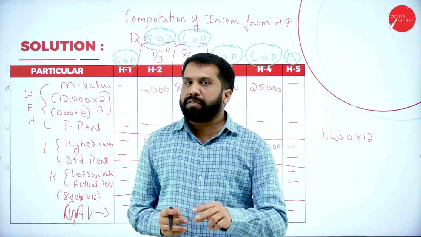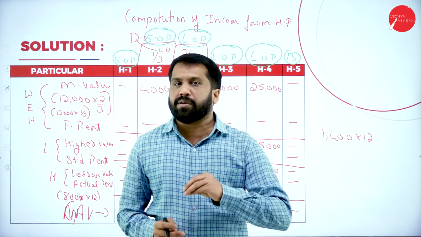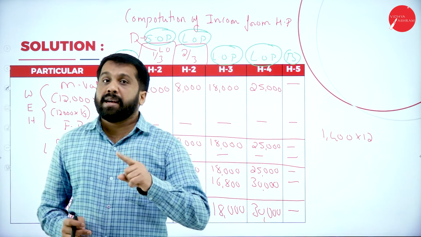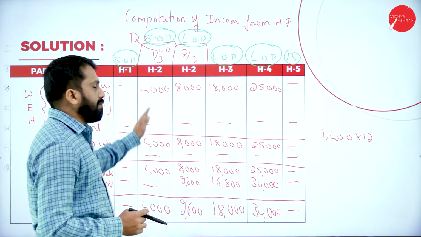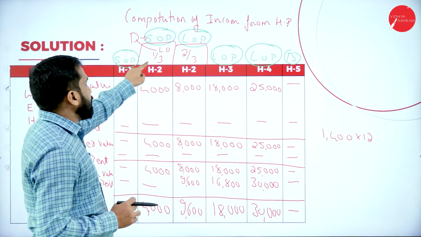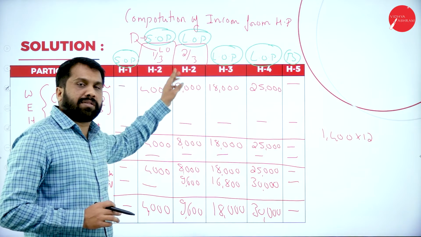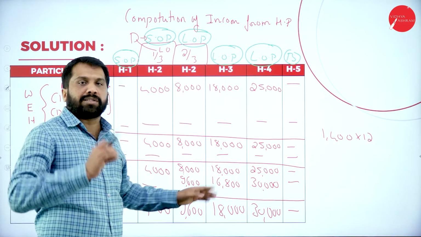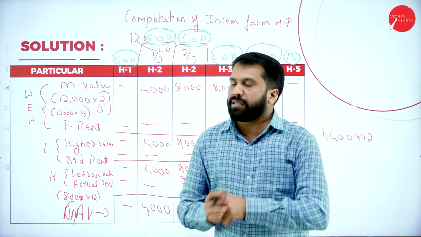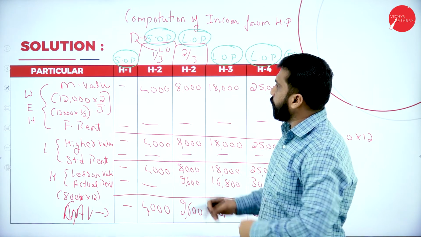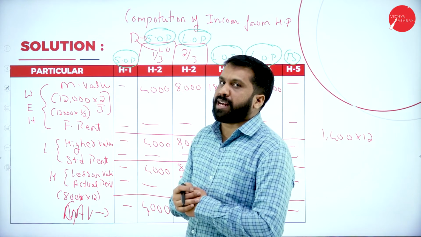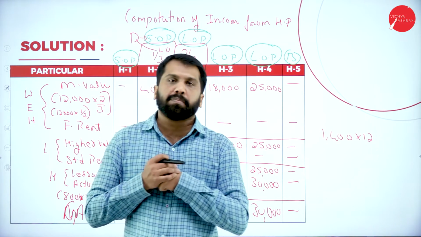Remember, if they have given more than one or two houses, take only one house as self-occupied. For the other house, even though it is self-occupied, you consider that as deemed let out. This is actually better, so that you will not lose marks. So this is a better option. Always go for one house self-occupied. The second house will be called deemed let out property.